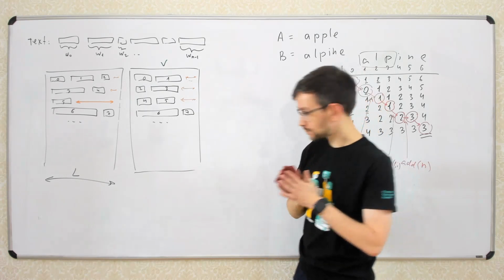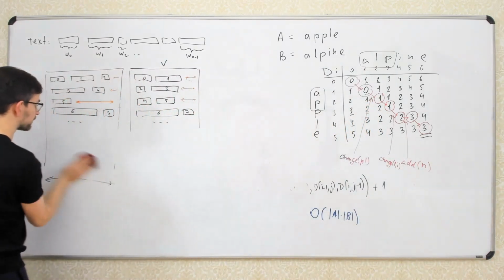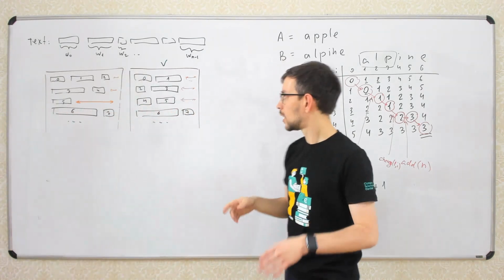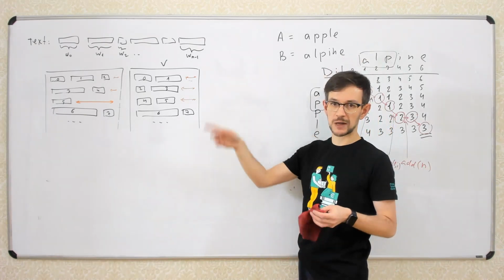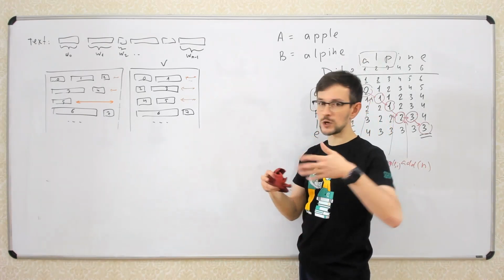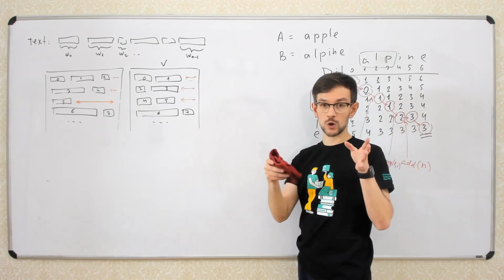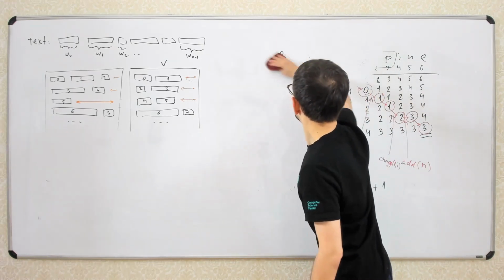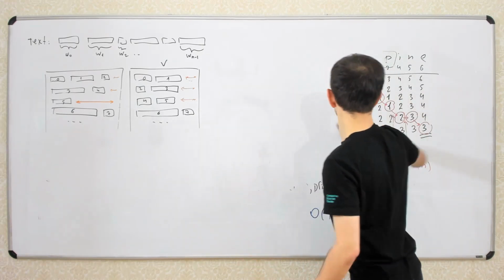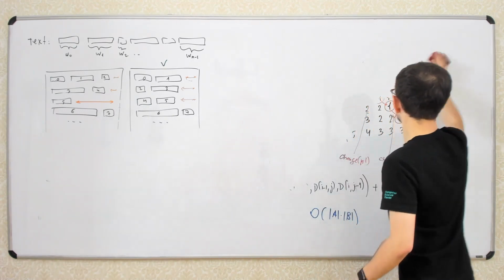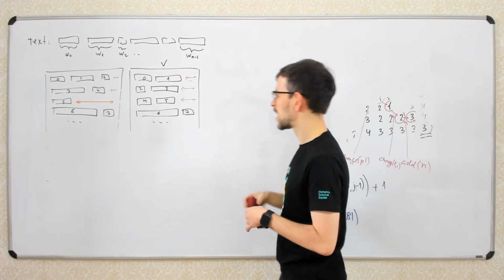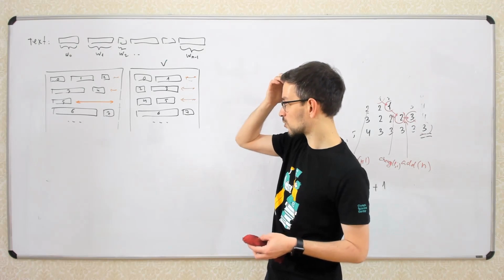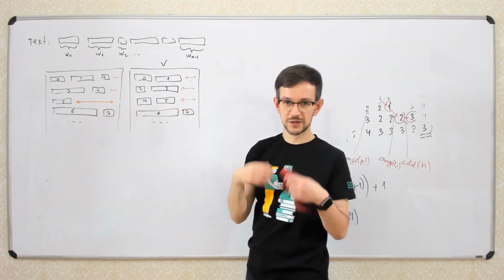So how do you solve this? First, we need to decide what it means to have good-looking text and what is bad-looking text. So we need some measure which allows you to measure how good your text is. It can be done in different ways. You need to somehow explain what bad-looking text means. Here, for example, we said that if you have a big gap, the text is bad-looking.